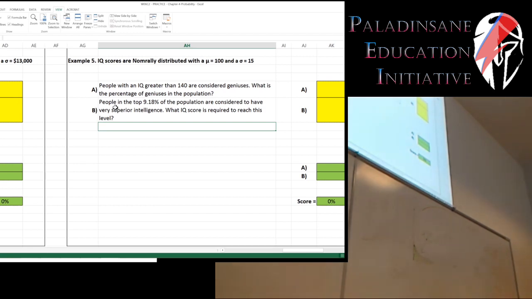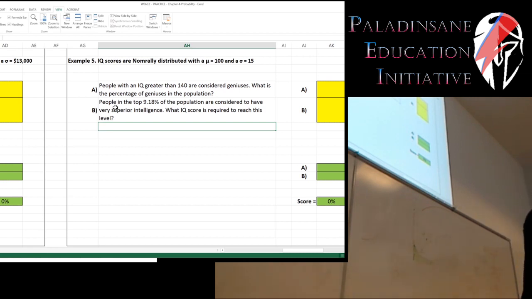So for this one, we don't have to go to the unit normal distribution table to look up the percentage, because we already have the percentage. It's 9.18%. What we need to do is figure out what z-score gives us that 9.18%.